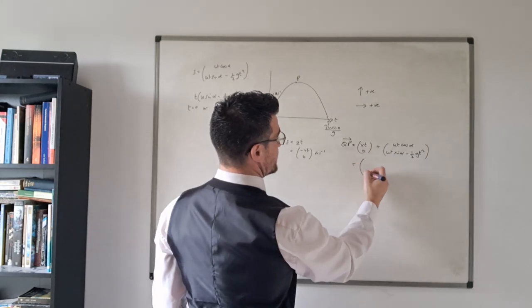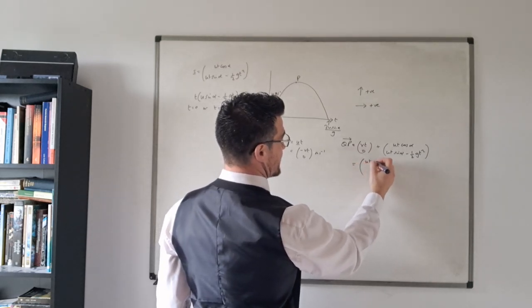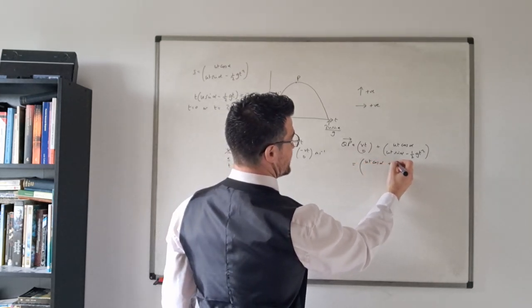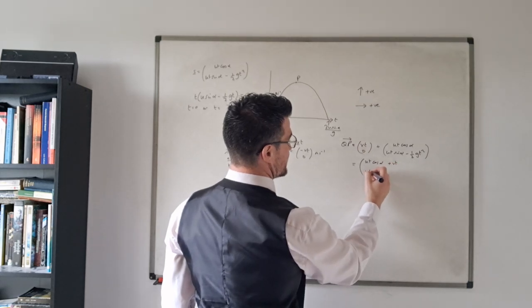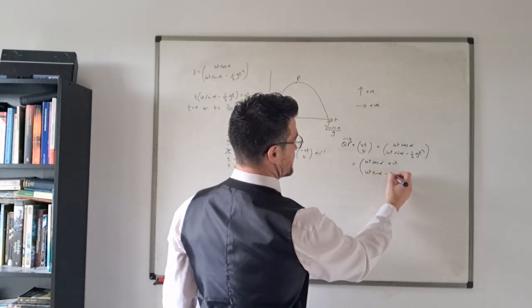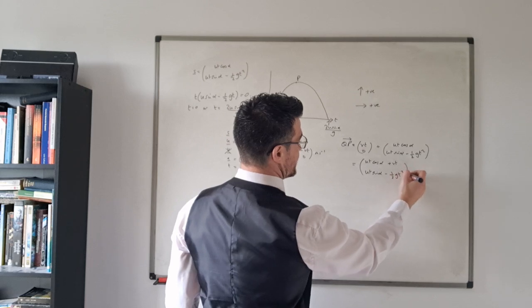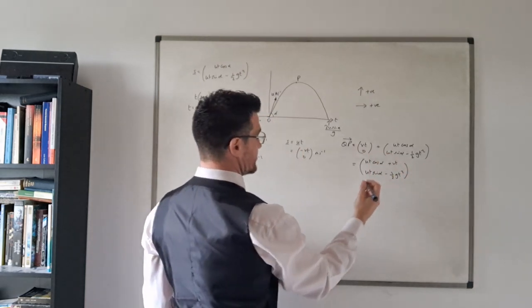That is equal to ut cos alpha plus vt, and then ut sine alpha minus half gt squared meters.